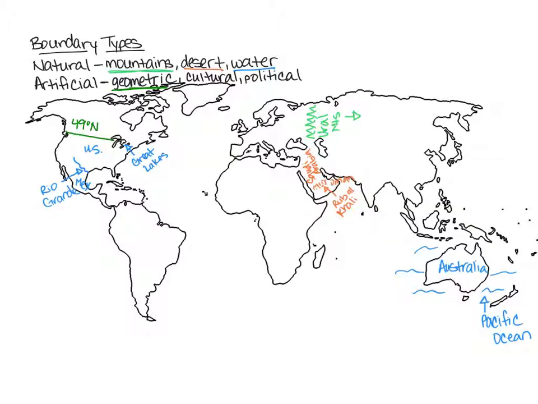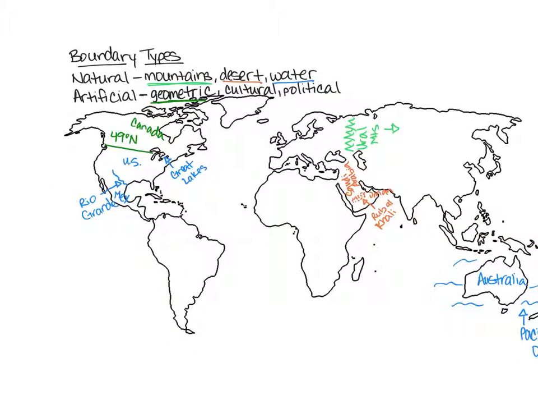It's what Canada and the U.S. agreed upon. Now, here's the thing about that particular border. We also call that border an antecedent border. So I'm going to move things around here just a little bit. Scoot it over.